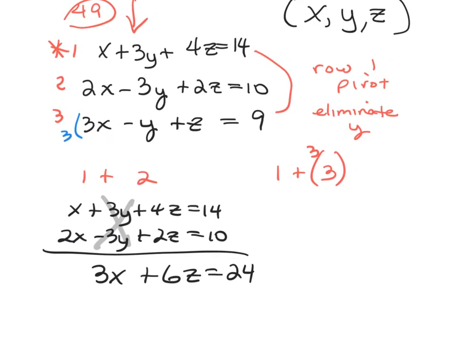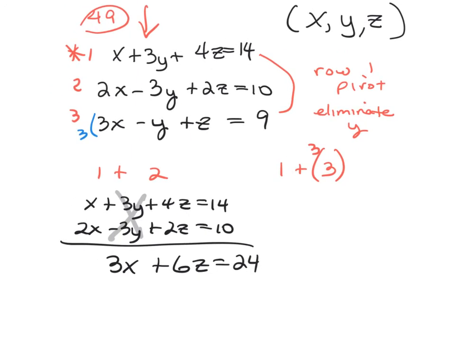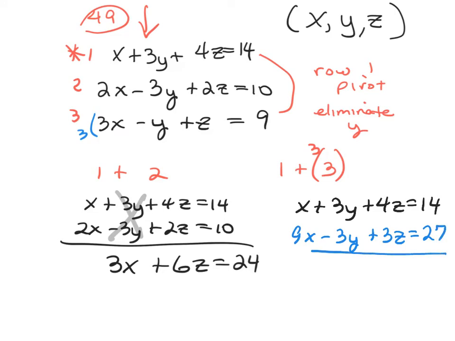So that way when I add it with row 1, the y will cancel. So here's row 1. And now I'm going to distribute the 3 to row 3. So I get 9x minus 3y plus 3z equals 27. I can add, my y's cancel.